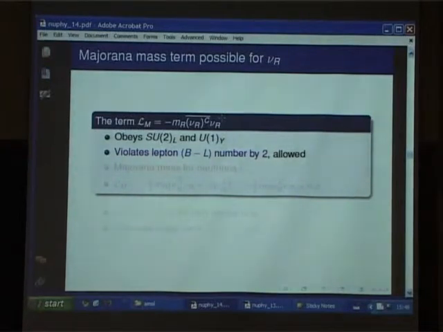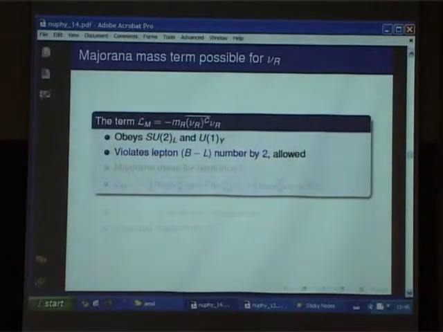There is a nu R^C, which is the charge conjugate particle of nu R. I told you how to get the charge conjugate of nu R: take C gamma 0 times nu R star. So I can write down a particle called nu R^C.